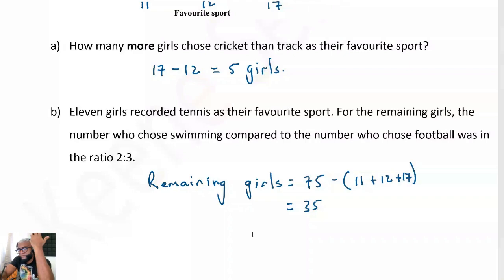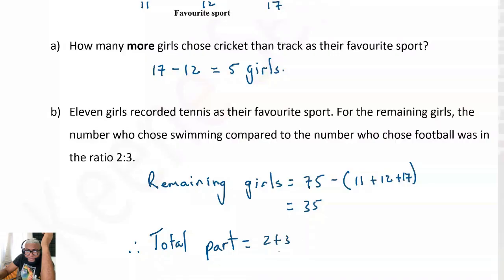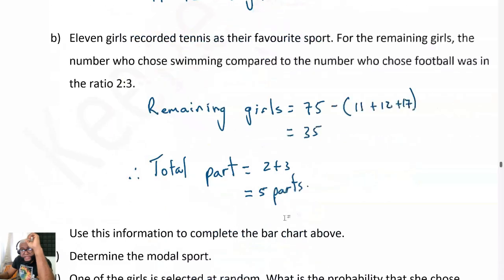How many parts represent football? 3. Right, 2 parts of swimming, 3 parts of football. It is given in that order, right? So therefore, I'm going to write down what the total parts would be. Your total parts would be 2 plus 3, which would be 5. 5 parts, right? That's my total parts.